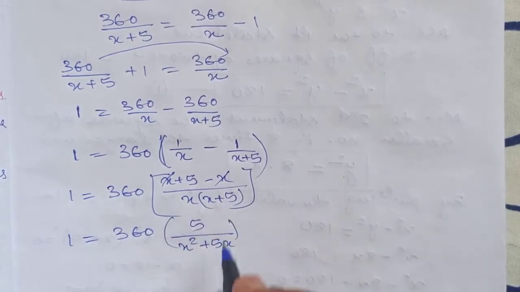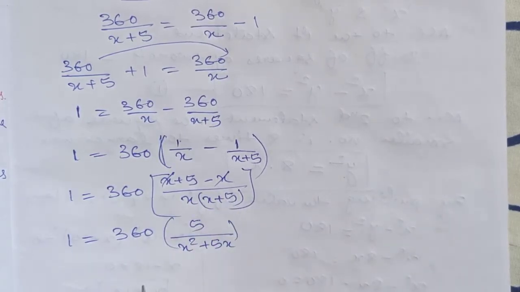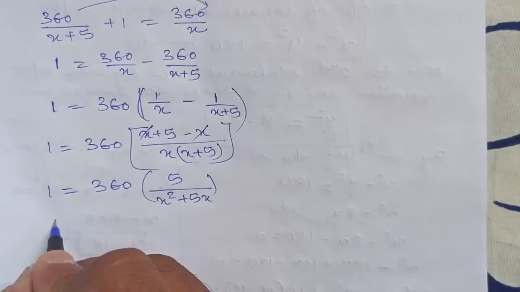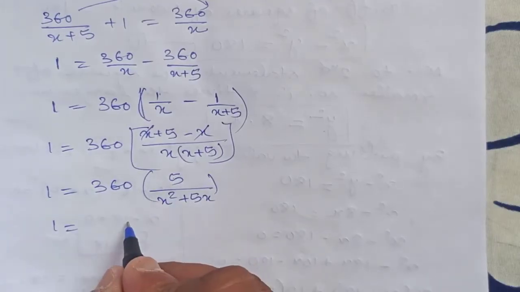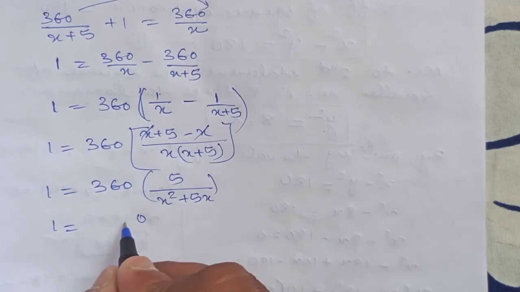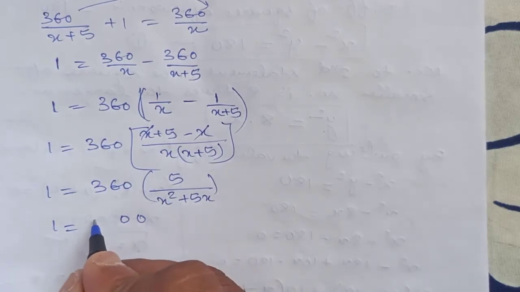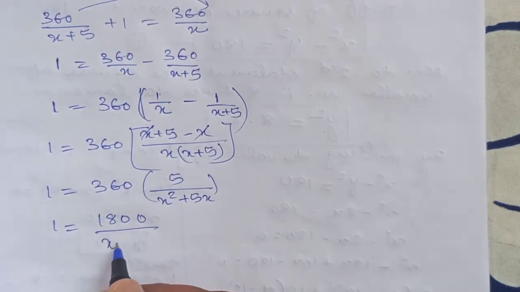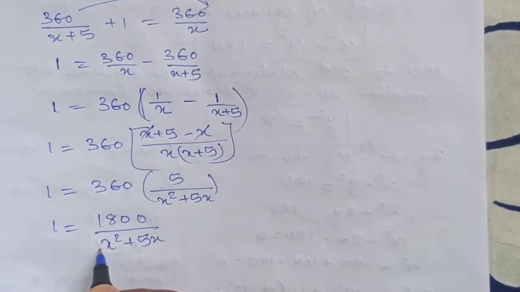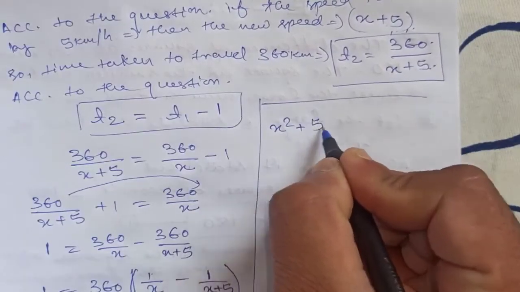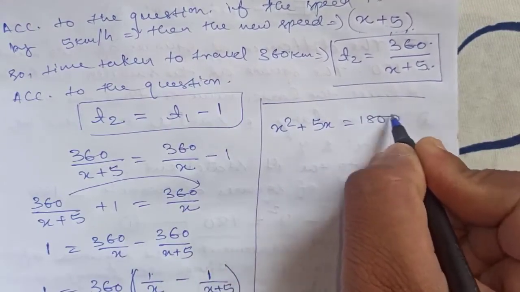Open the bracket and multiply. Now multiply 360 by 5: 5 times 0 is 0, 5 times 6 is 30, 3 carry, 5 times 3 is 15, plus 3 is 18, so 1800 by x square plus 5x. Multiply this term here, you will get a quadratic equation, that is x square plus 5x equals 1800.